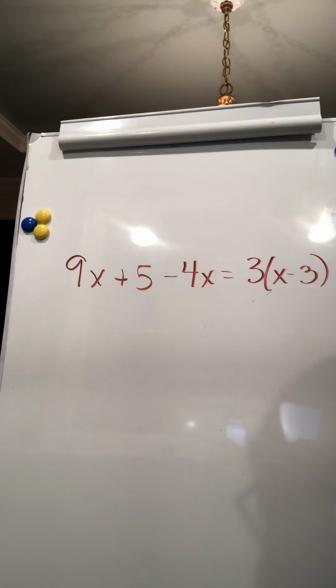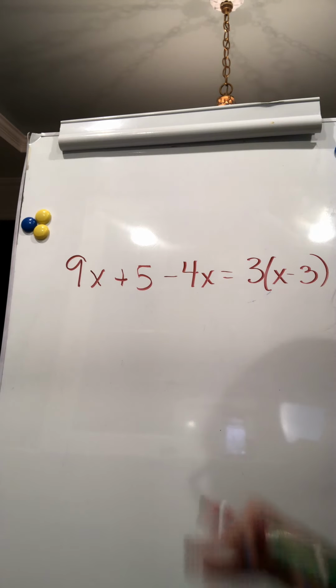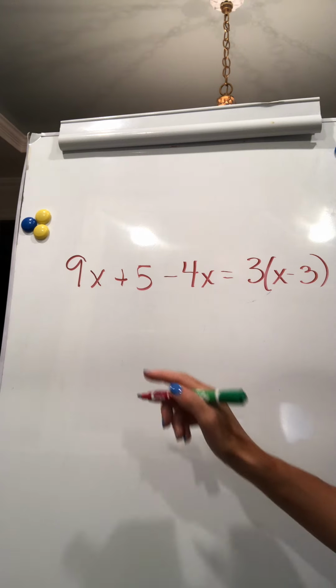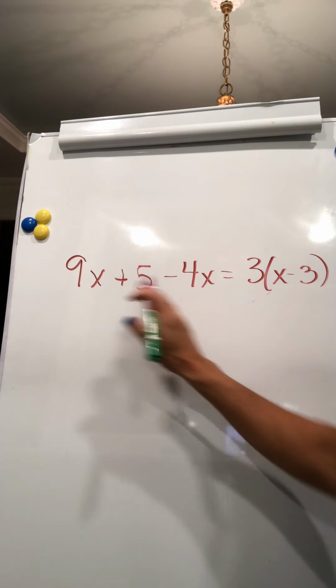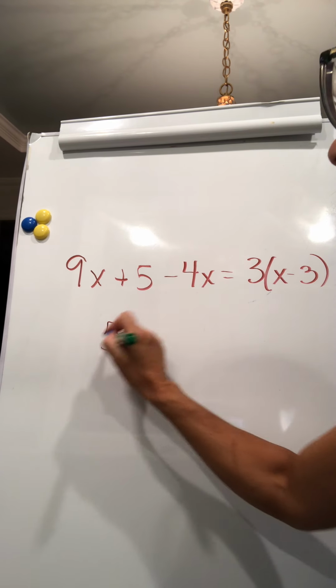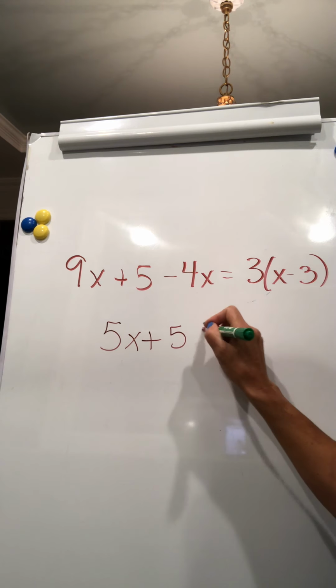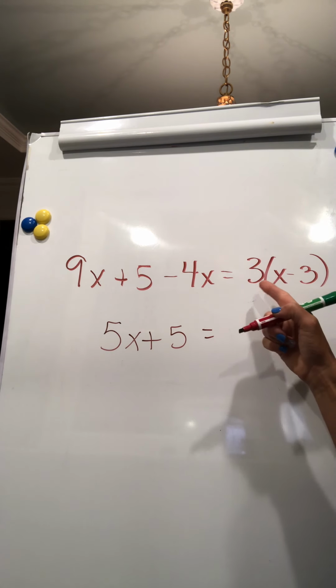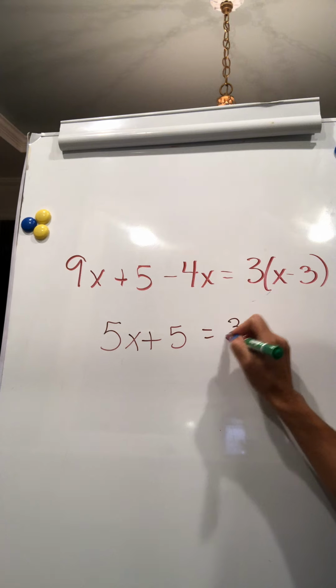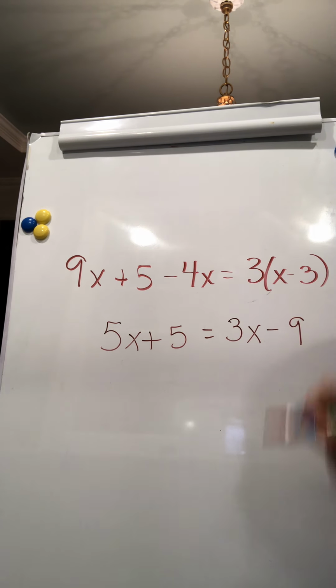The first step is to combine like terms, make this as simple as possible. So here I could combine the 9x and the minus 4x to get 5x. Here I can distribute, so I get 3x minus 9.